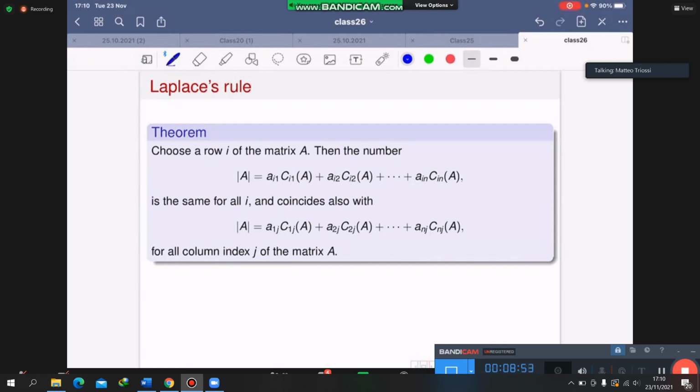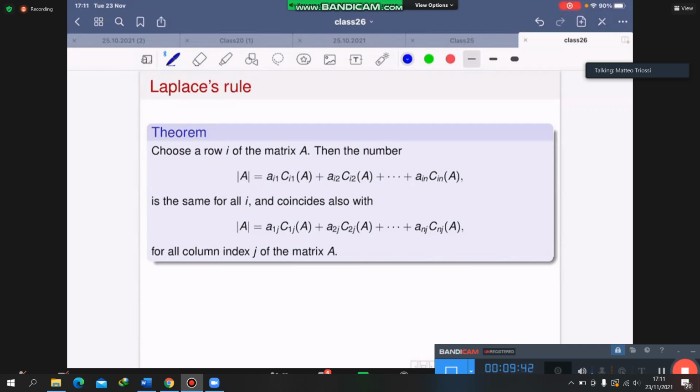So you choose a row, say row I, and the determinant is AI1 times the cofactor corresponding to the entry I1 of the matrix, plus AI2 times the cofactor corresponding to the entry I2, plus AIN times the cofactor.